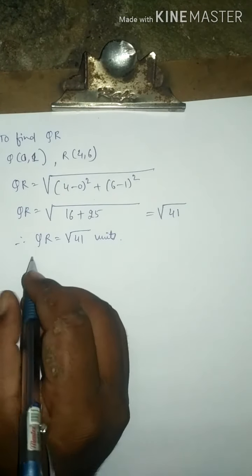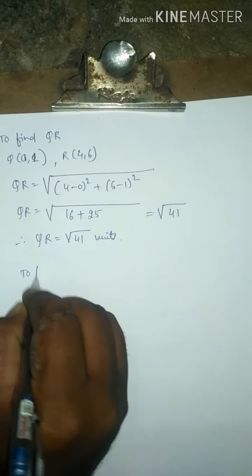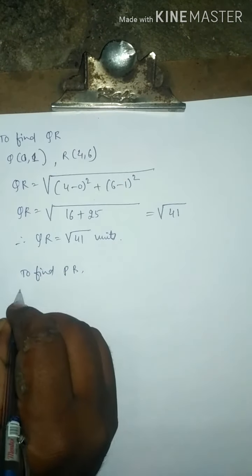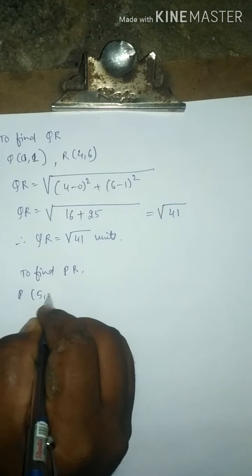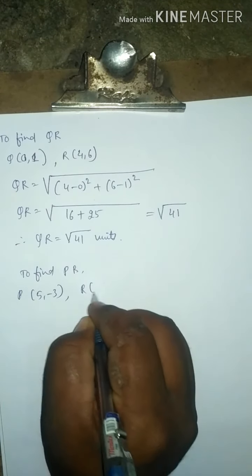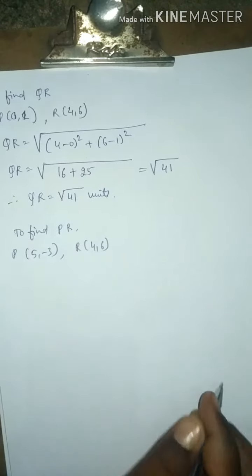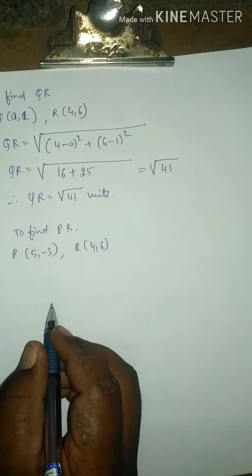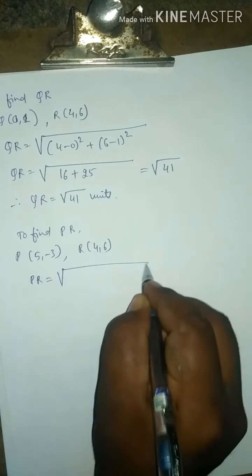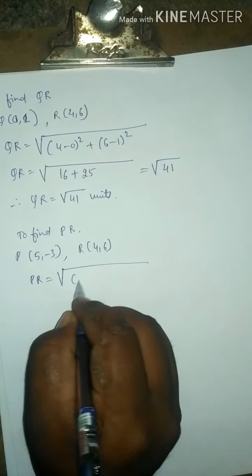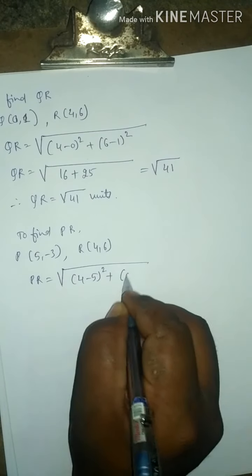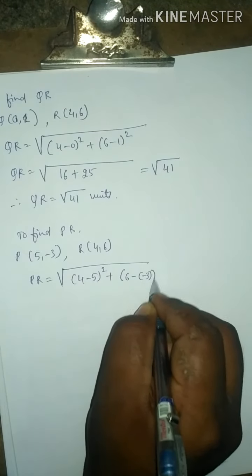So how to find next? To find PR, P is 5 comma minus 3. R is again 4 comma 6. Again by using the distance formula, PR is equal to under root 4 minus 5 whole square plus 6 minus of minus 3 whole square.